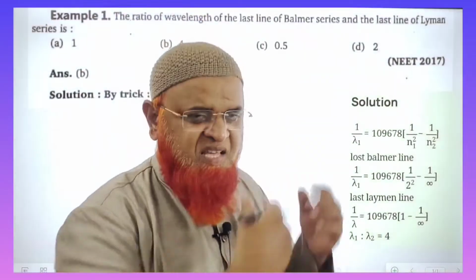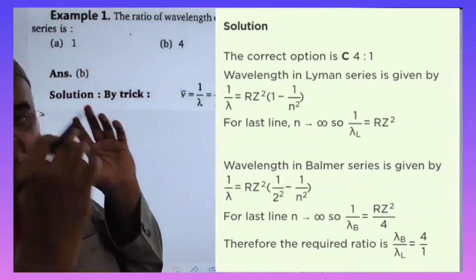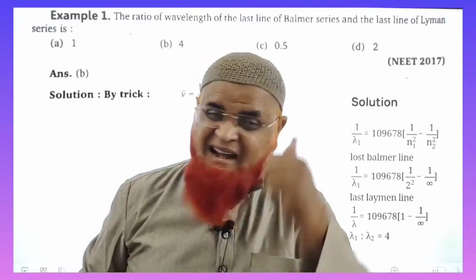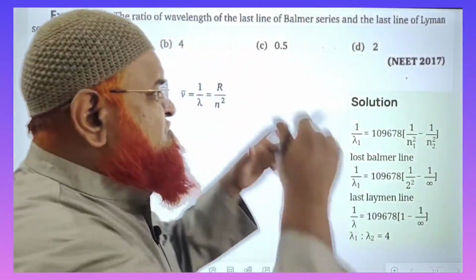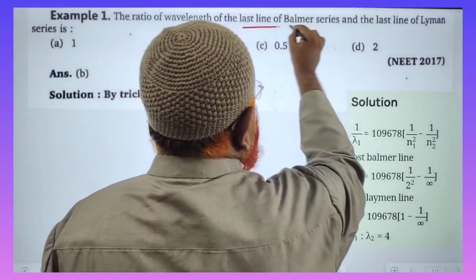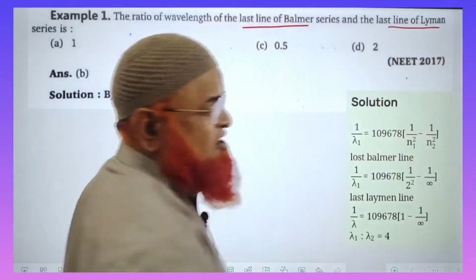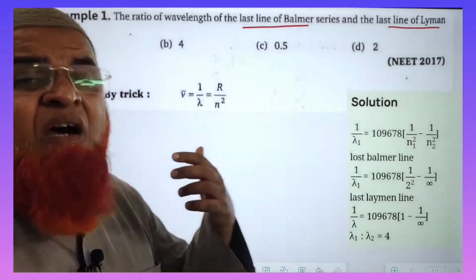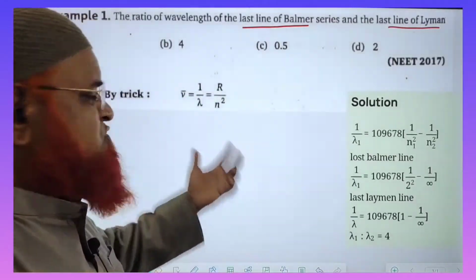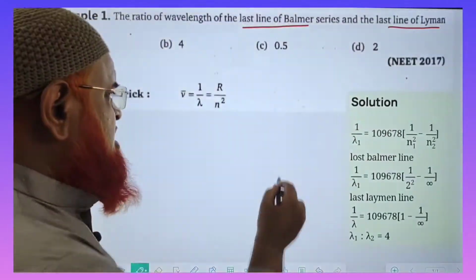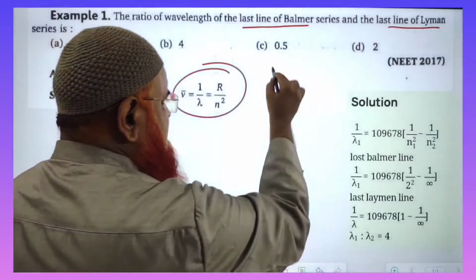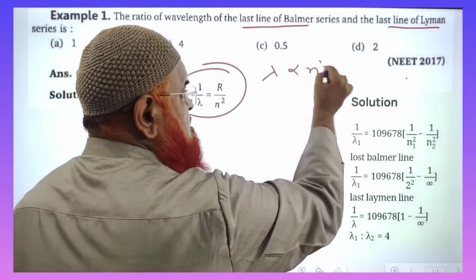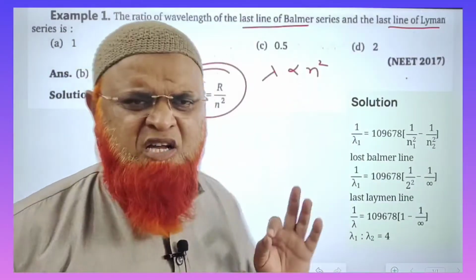Dear students, see the lengthy methods given in the books. This much method is not necessary. Let us have a simple shortcut formula for the last line of the Balmer series to that of the last line of the Lyman series. He is asking us to find the wavelength ratios. Then we can use this relation: lambda is directly proportional to the square of the principal quantum number.